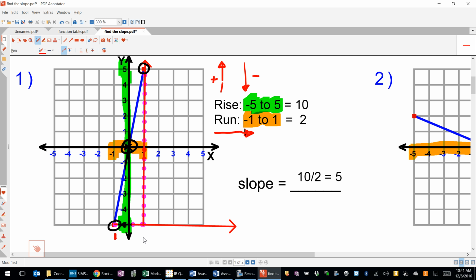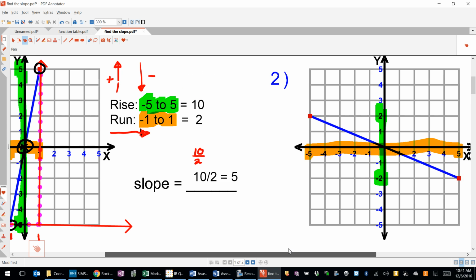So that's why I've got -1 to 1, which is a run of 2. And then my rise was -5 up to 5, so 10. So then my slope, my gradient, it's not written very well, but it's 10 divided by 2, which does equal 5. Make sense? Okay. Let's move on to this one.